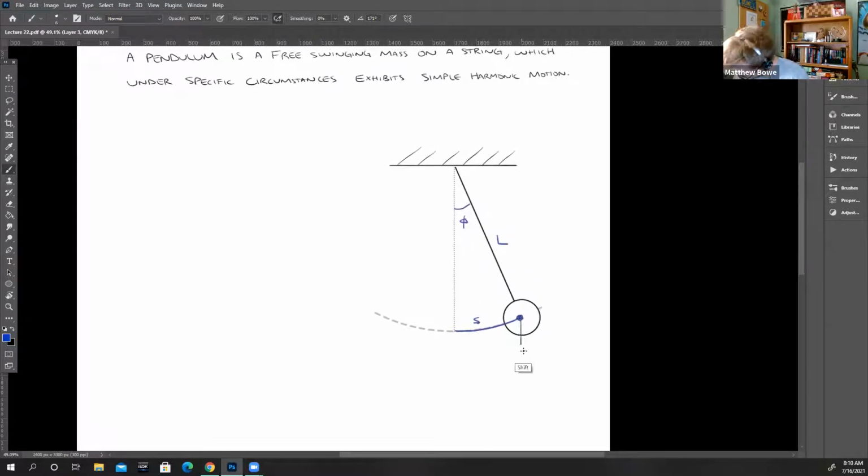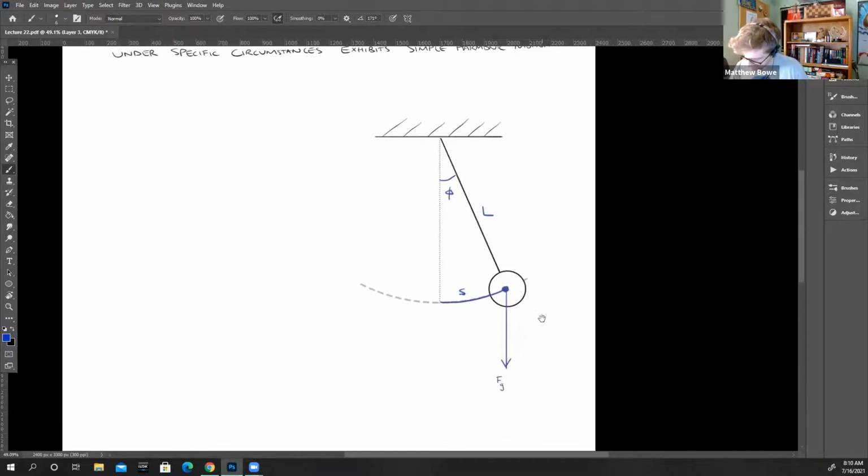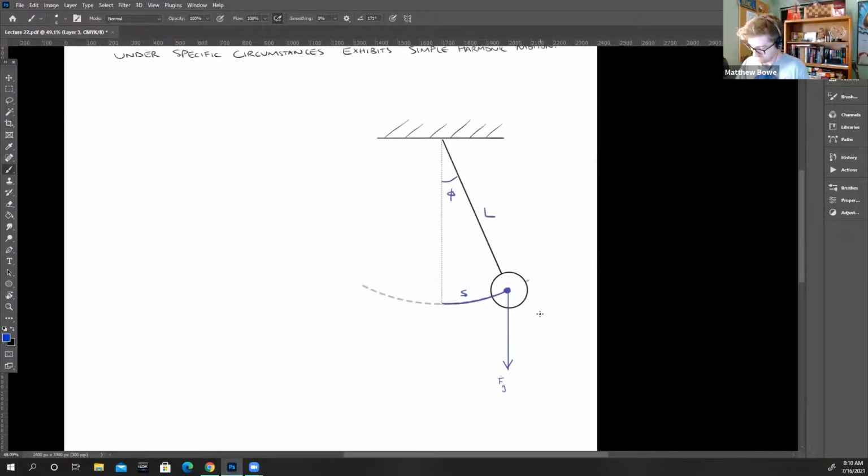So we have the force due to gravity constantly pulling downward, F sub G. And we have two different components.